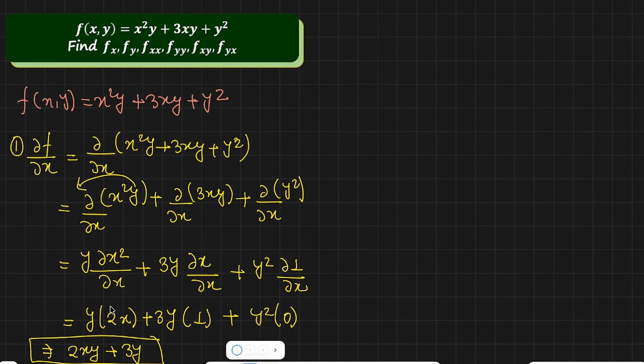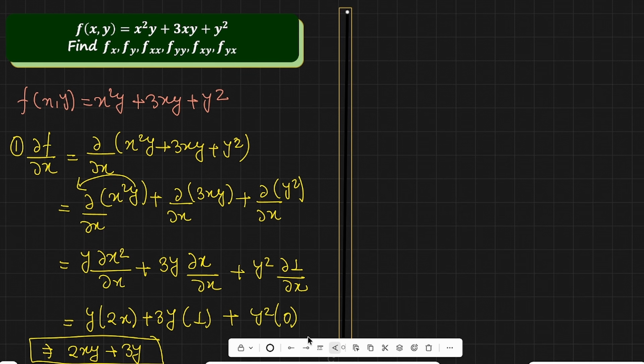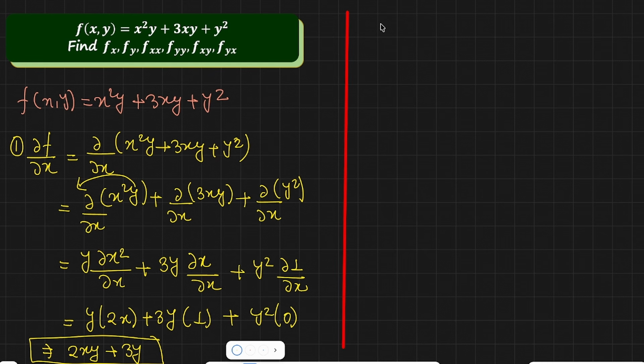Now we'll find the partial derivative with respect to y. So it will be the partial derivative of f with respect to y. What is this?